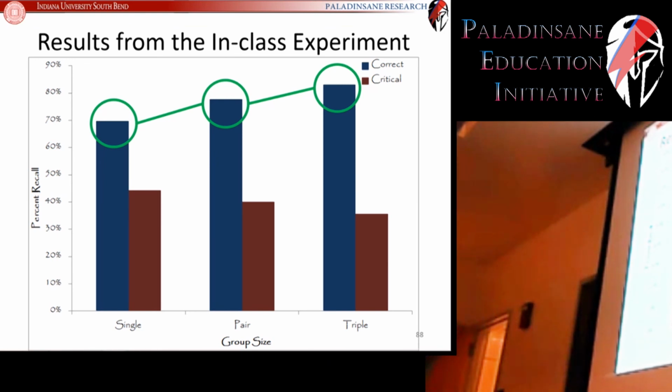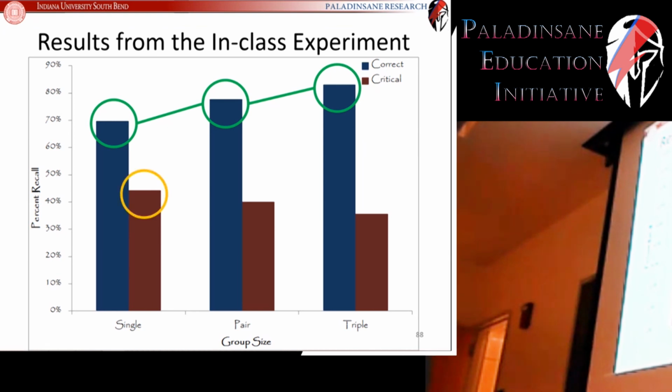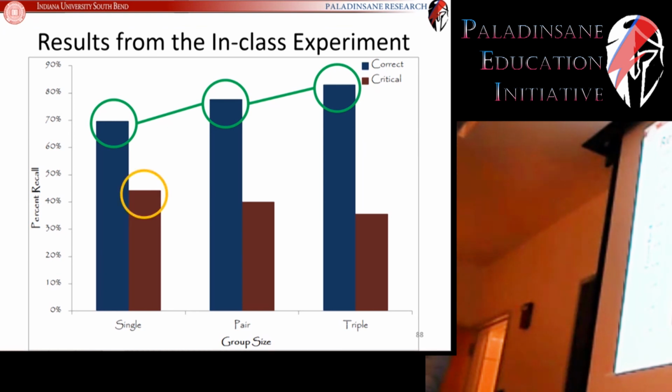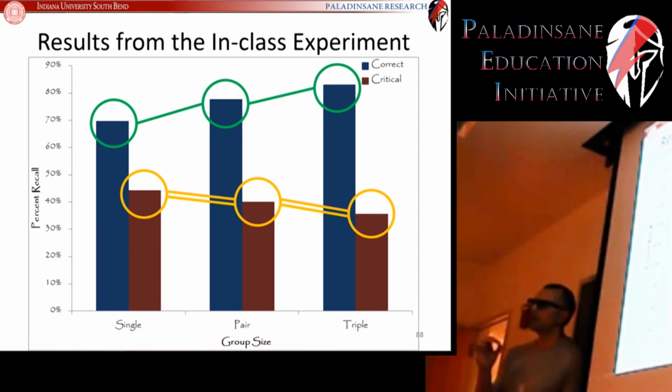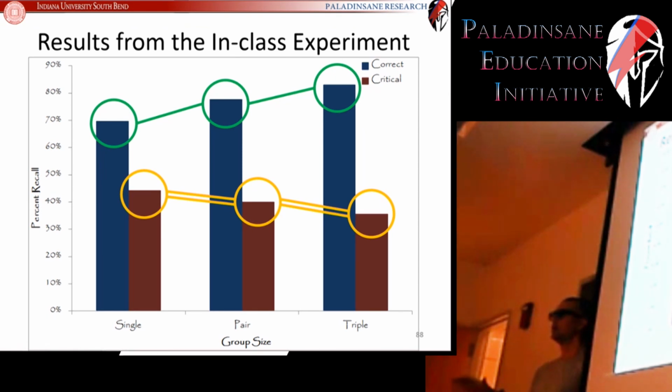And what statistics has said is that this group here, singles, had the same amount of false memories as pairs did. And they had the same amount of false memories as groups of three did. And when we write up our results section, we are going to write up the statistics.